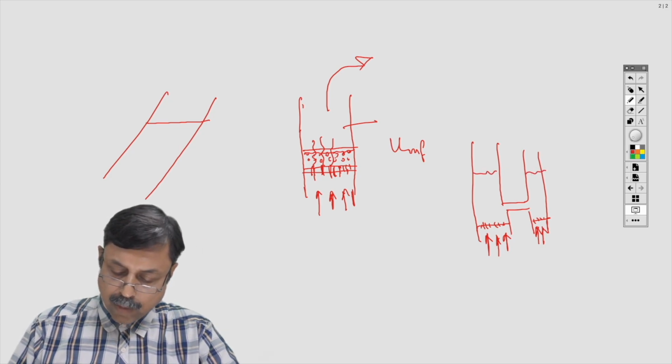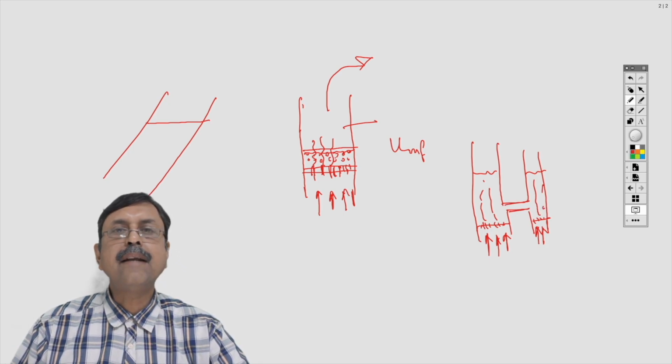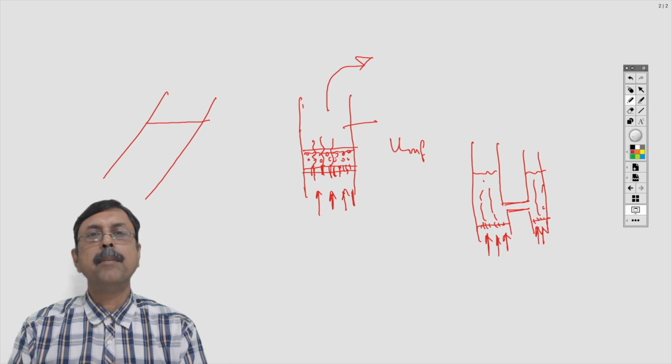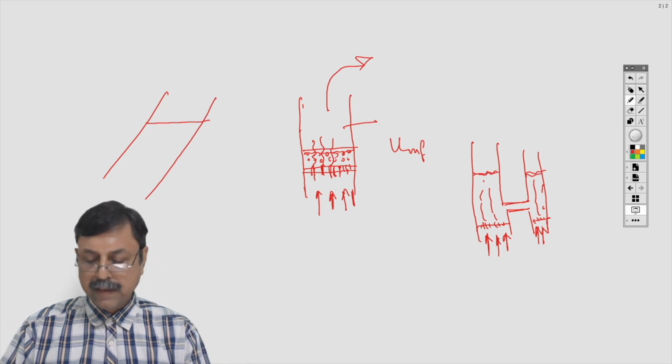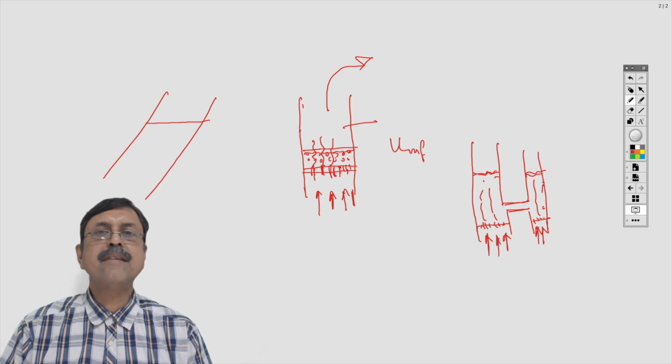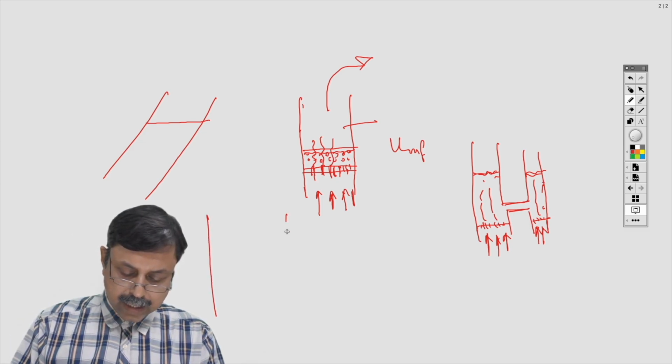So this is one fluidized bed and this is another fluidized bed. They are connected through this channel. In that condition, the beds will readjust their heights in such a way that they are the same, just like it happens with a liquid.